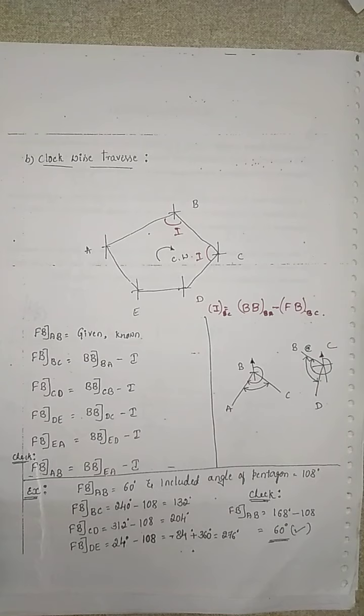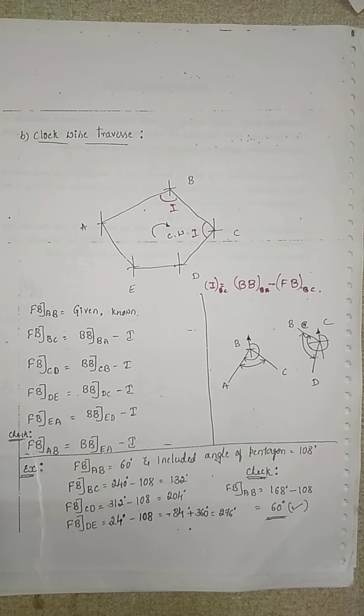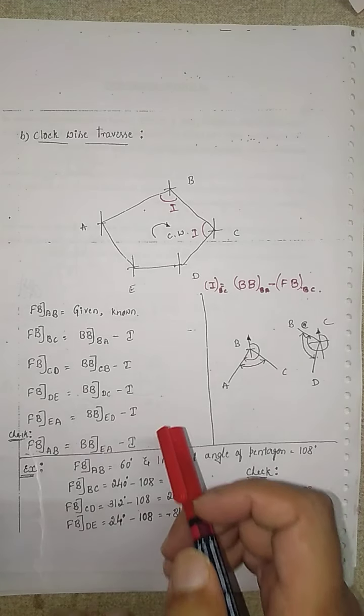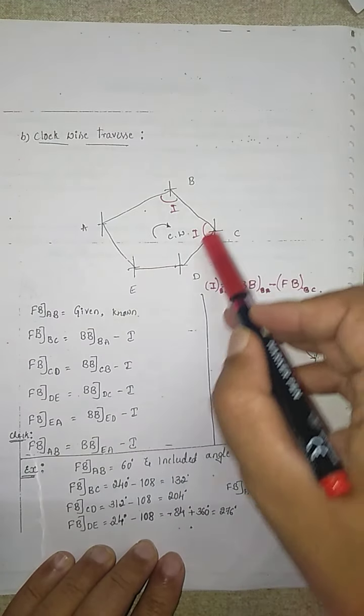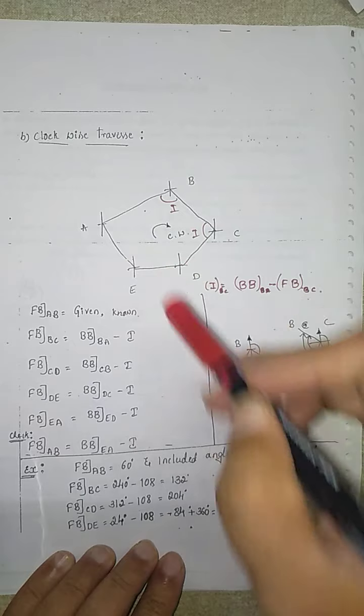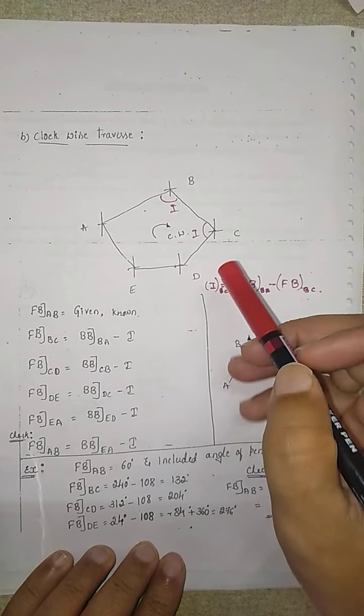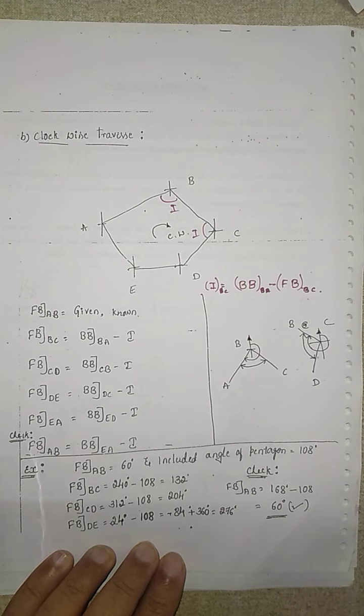Similarly, sometimes the problem will give you the traverse in the clockwise direction. Now the traverse is moving in the clockwise direction, and sometimes they will ask you to determine the forebearing or the included angle.